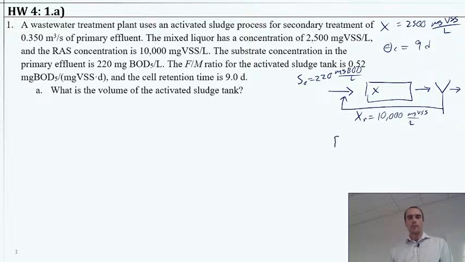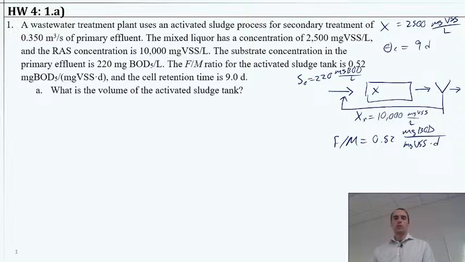Okay, just so I have it all written. Okay, so we can write it all that way. And the first question says, what is the volume of this aeration tank?